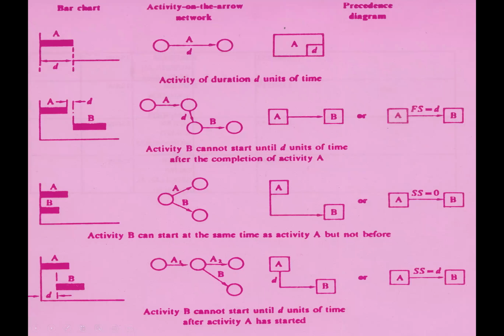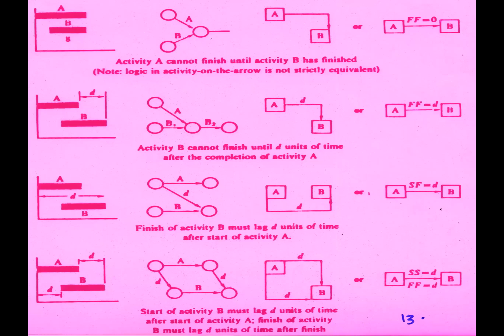You should be able to draw the arrow diagram and then do the calculation and analysis completely. And then you should be able to draw the PDM diagram. We are not concerned with AON because AON is very simple, but our focus is the PDM diagram. So you should be able to understand how to draw a bar chart, AOA diagram, and then eventually PDM diagram. Okay, so just go through this at your own leisure time to understand the concept.